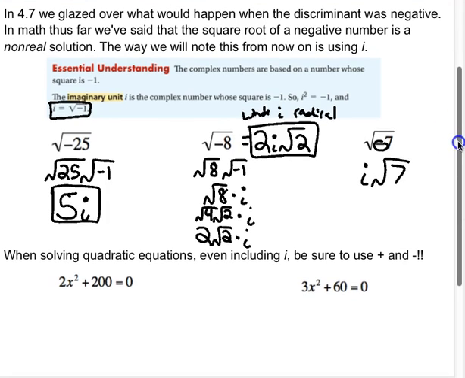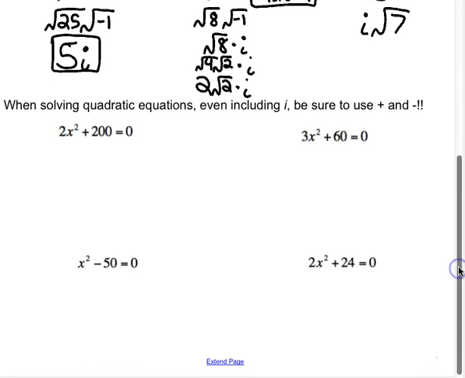Now, let's talk about how we solve quadratic equations that have i's in them. For all of these, notice there's no b term. So for these, the method of solving is a square rooting process back from 4.6a.